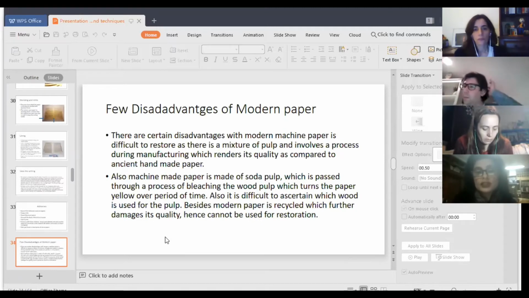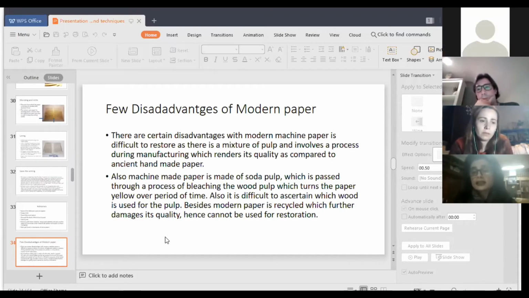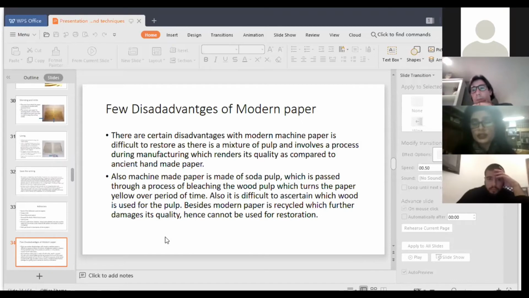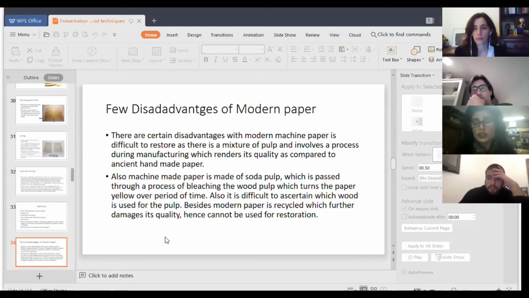A few disadvantages of modern paper. Modern machine-made paper is difficult to restore, as there is a mixture of pulp and a process during manufacturing which renders its quality poor. As I previously noted, paper and the pulp have gone through a variety of changes over the centuries since its inception. Original handmade paper was far better than modern machine-made paper, or even paper made many years back.